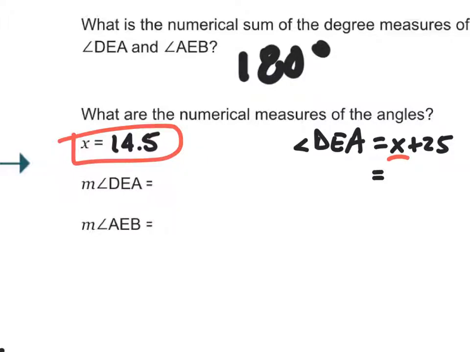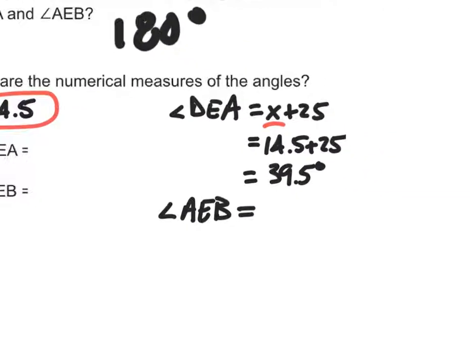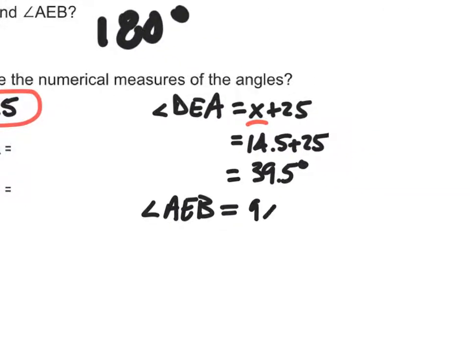So we get 14.5 plus 25, which gives me a total of 39.5 degrees. And then I know that angle AEB had a measure of 9x plus 10.